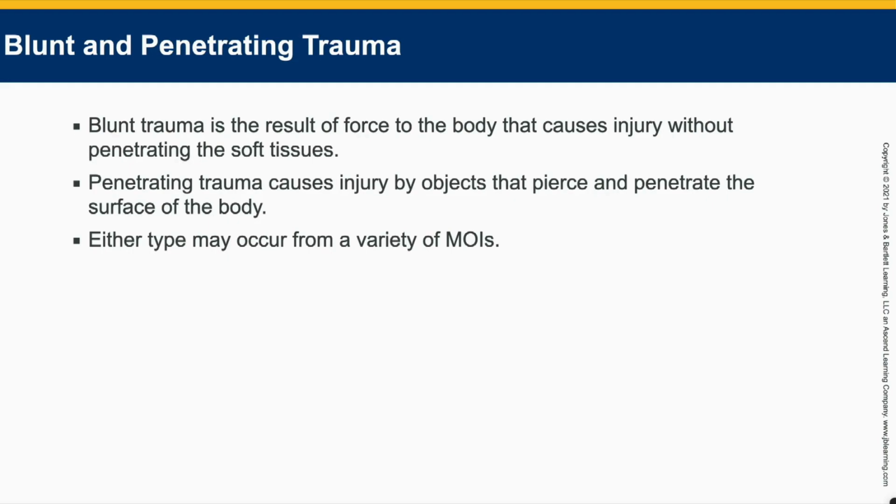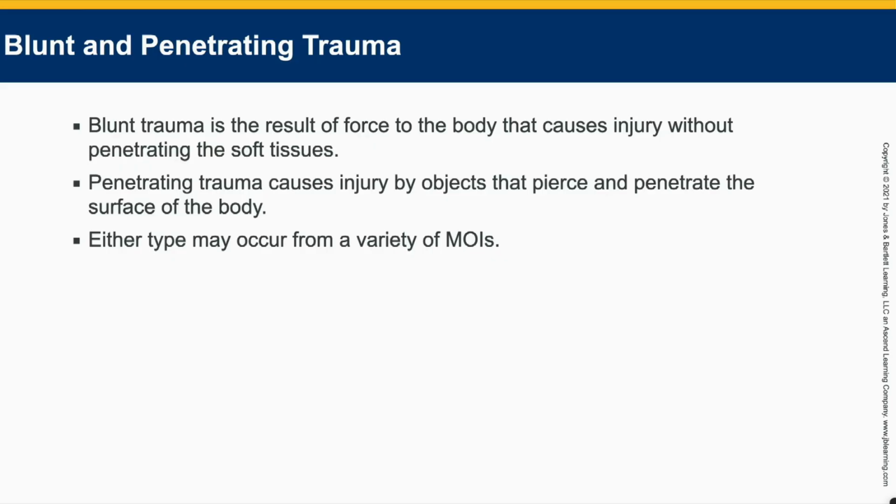Now let's talk about two main categories of trauma that you're gonna see: blunt and penetrating trauma. Blunt trauma happens when a force is applied to the body, but it doesn't break the skin. So think about things like car crashes, falls, or someone being struck. Energy is transferred, but there's no open wound. The tricky part with blunt trauma is that a lot of the damage is internal, so it's not immediately obvious.